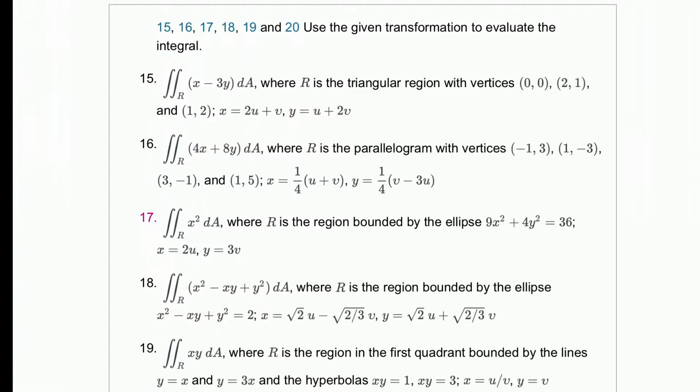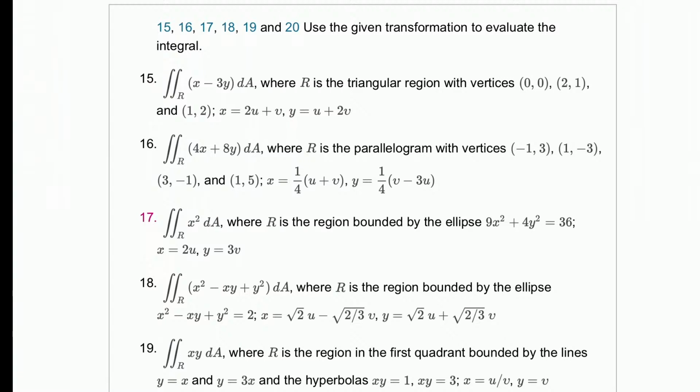Same thing goes up here with these. I forget which ones you have to do, but you take the conversion that they give you. With each one of these, they tell you a region. You'll want to draw the region so that you can see what it looks like. It'll be some weird triangle or some parallelogram, and then apply this to each of the corners.